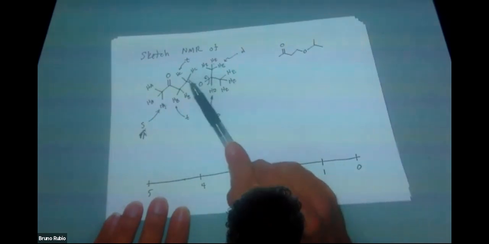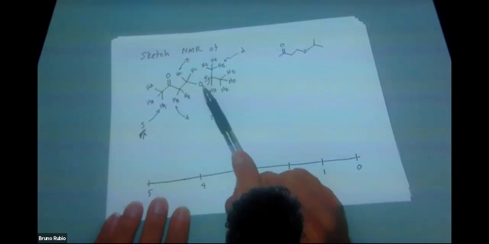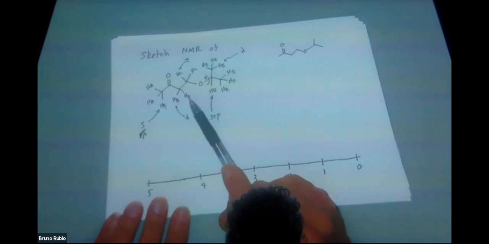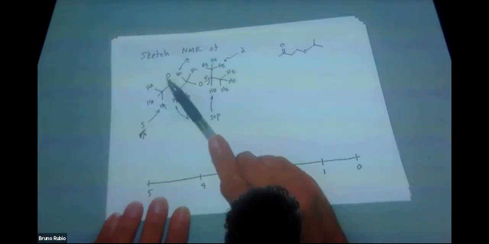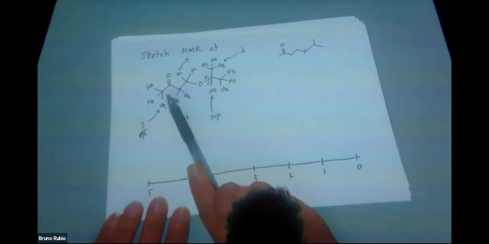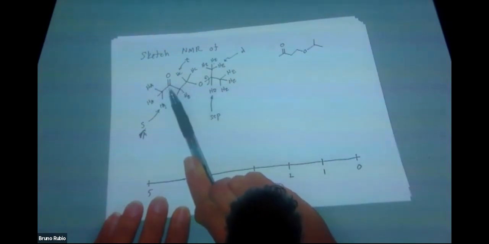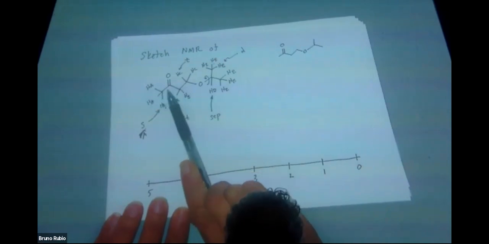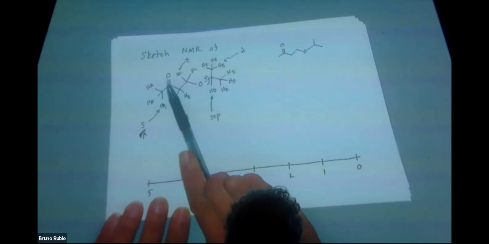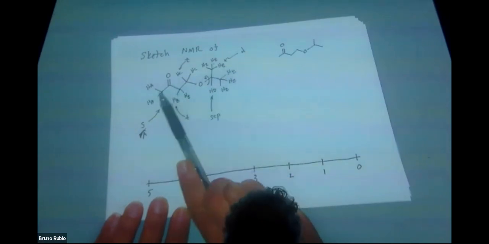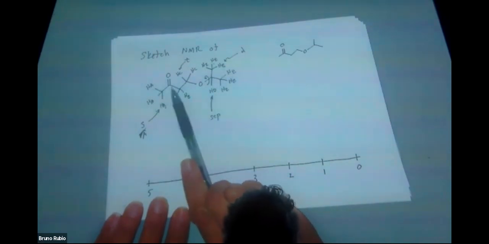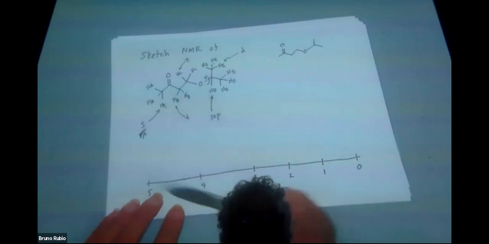The HC, 2 bonds away from oxygen, that's going to be downfield. The HB is 1, 2, 3 bonds away from oxygen, but also close to a double bond, right? The HA are 3 bonds away from oxygen, just like the HE are, but the HA are close to this multiple bond, those pi electrons.